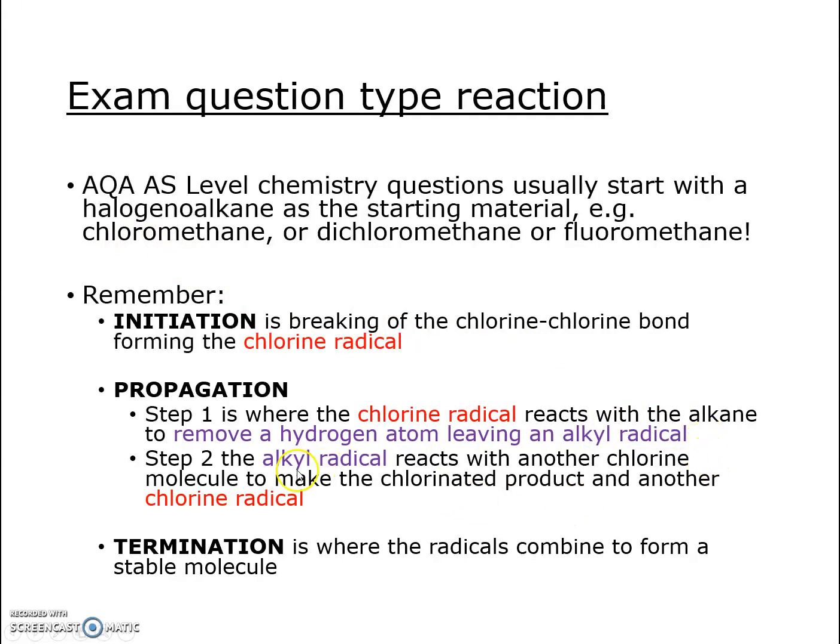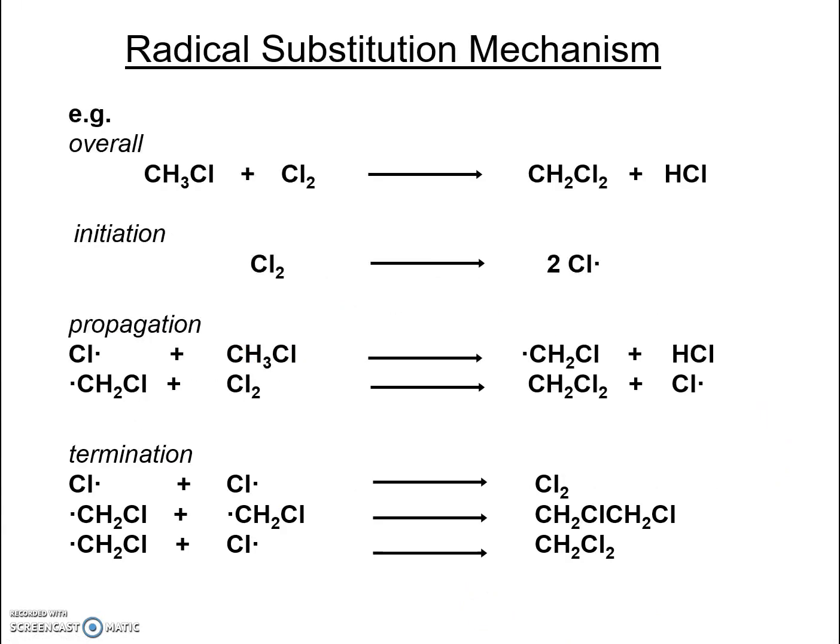In step 2, the alkyl radical then reacts with another chlorine molecule, Cl2, to make the dichlorinated product, or trichlorinated product, and another chlorine radical. And then finally, the termination steps are where the radicals combine to form a stable molecule. So it might be worthwhile thinking about this slide and going back and looking at the equations.